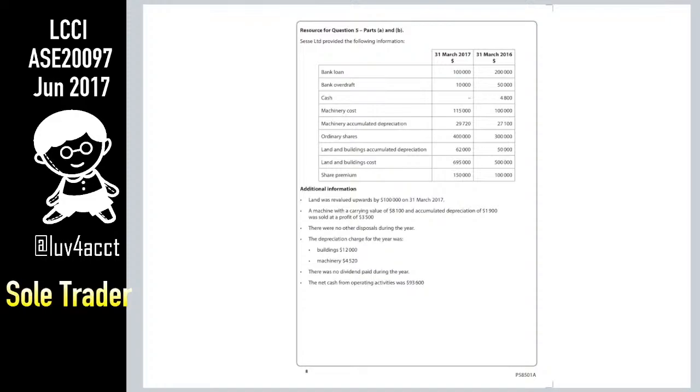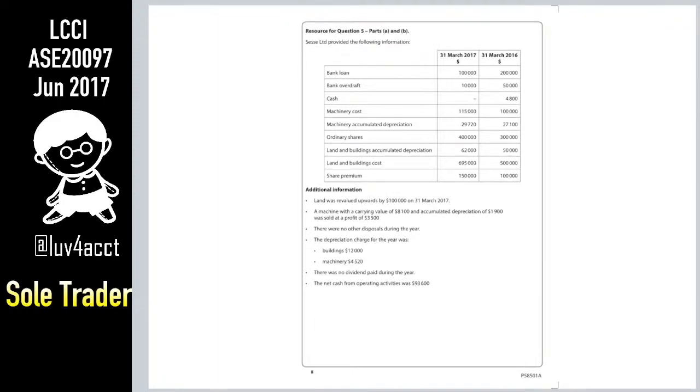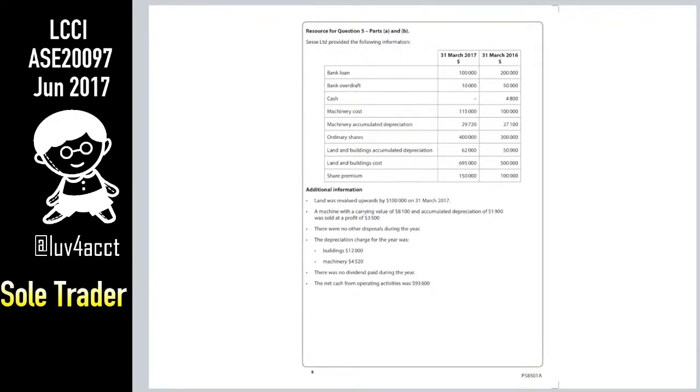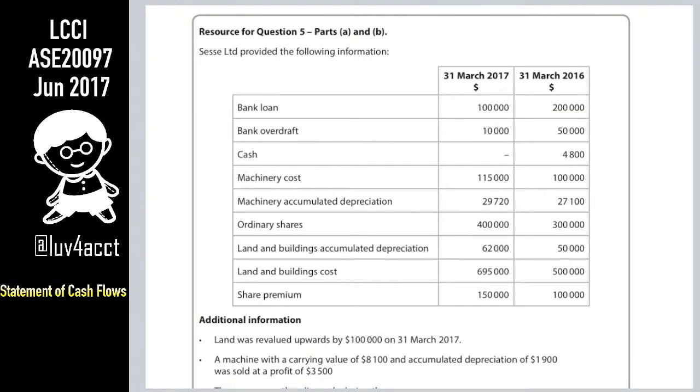Okay, so last question, statement of cash flows.